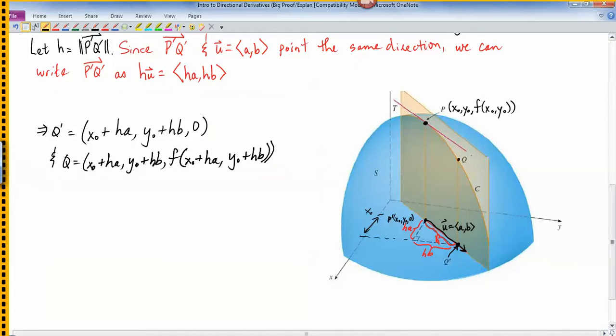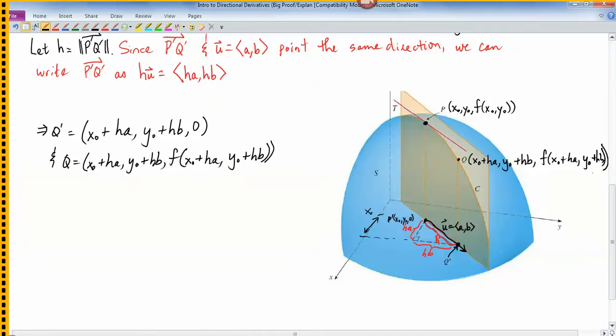Here's Q. That point is x naught plus HA, y naught plus HB, and then whatever you get when you plug that in, f of (x naught plus HA, y naught plus HB). All right, so there's Q.